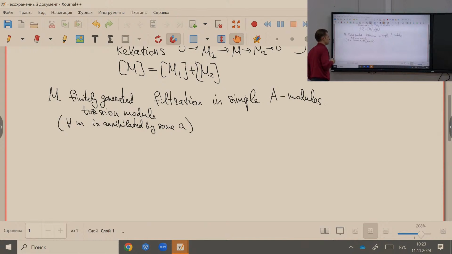If you have such a property, then you can think of the following.